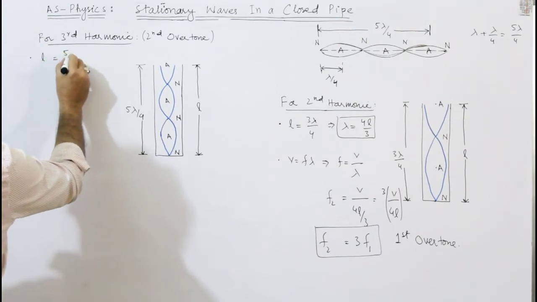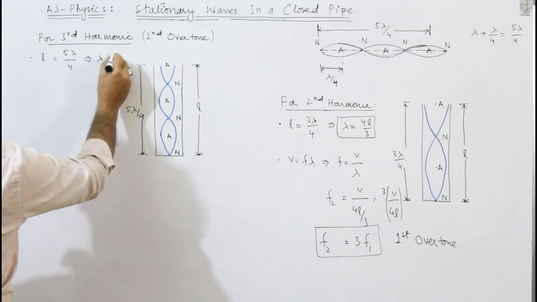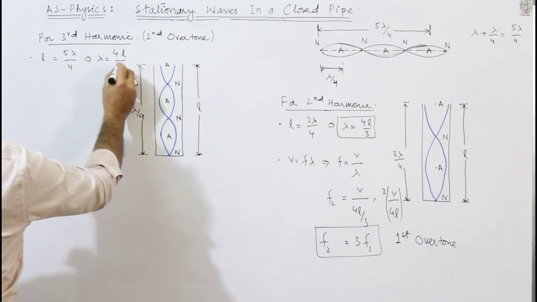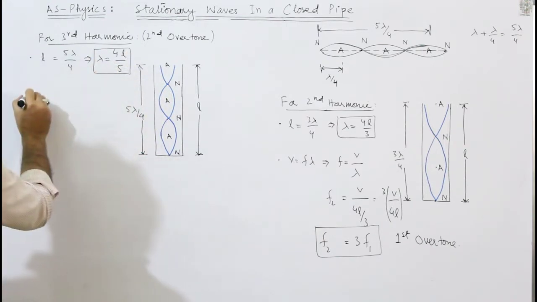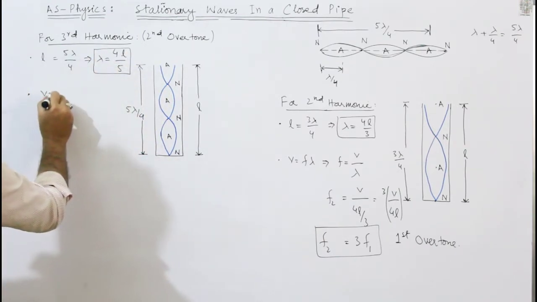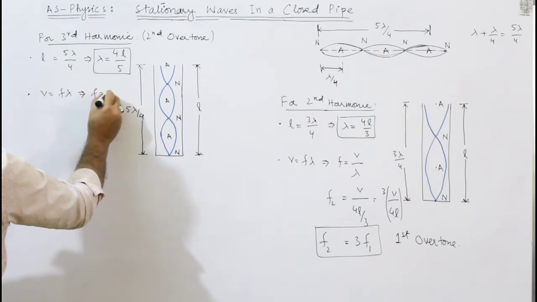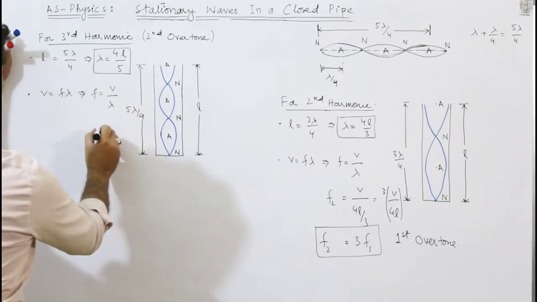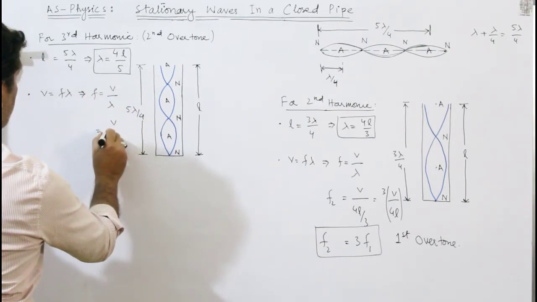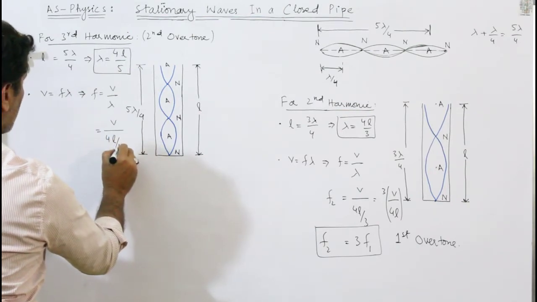That is L is equal to 5 lambda over 4, and the lambda becomes 4 times the length of the tube divided by 5. And we will use the wave equation to calculate the frequency, that is V is equal to F lambda, and we know that F is equal to V over lambda, and we can substitute the value of lambda in terms of the length of the tube, that is 4L over 5.